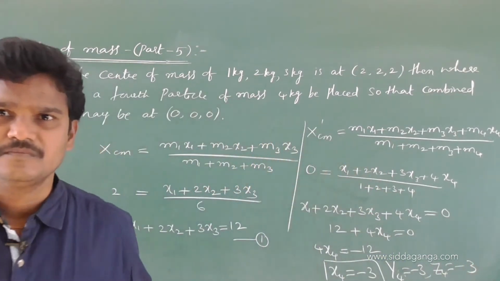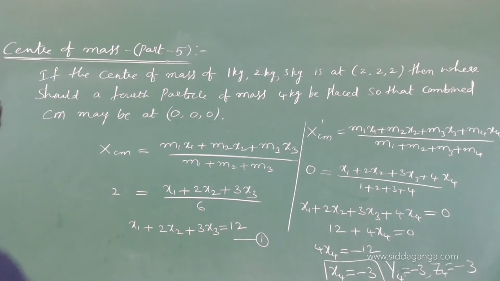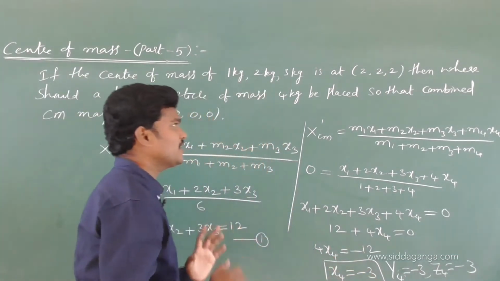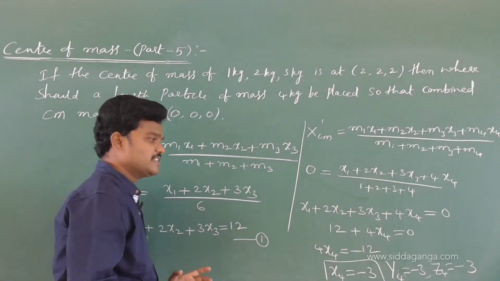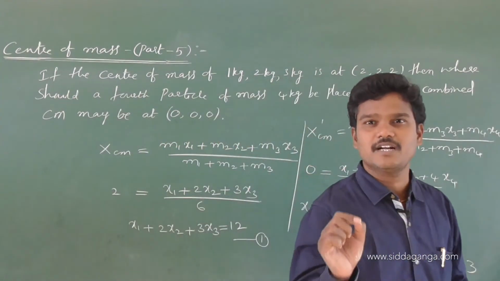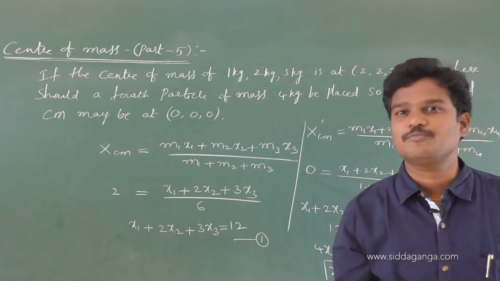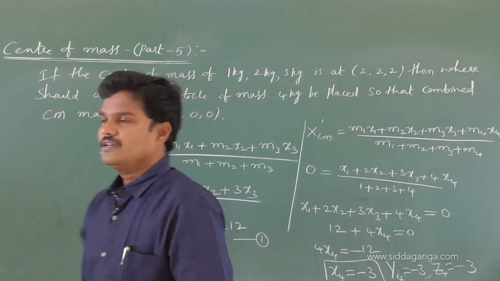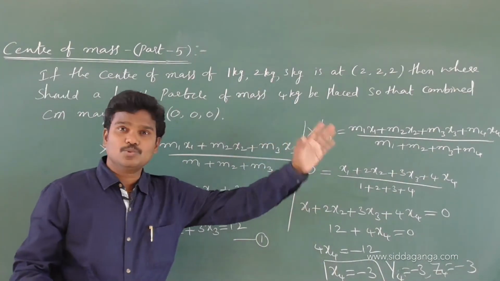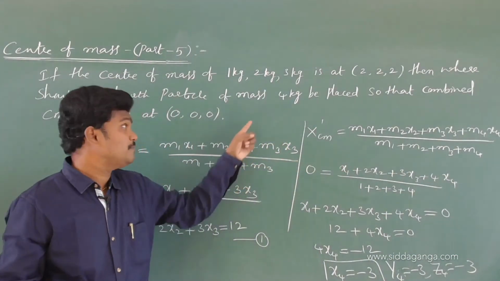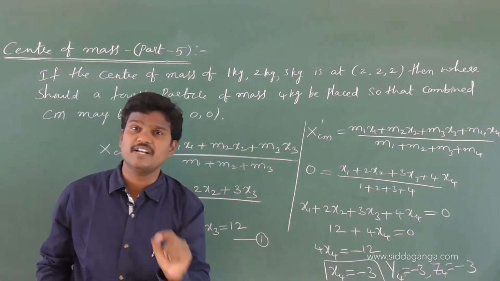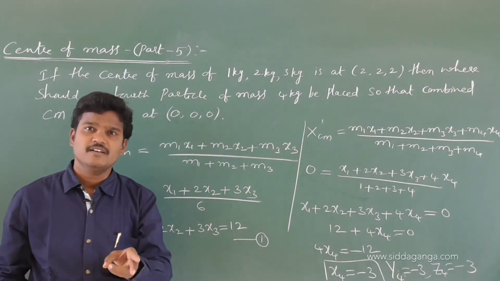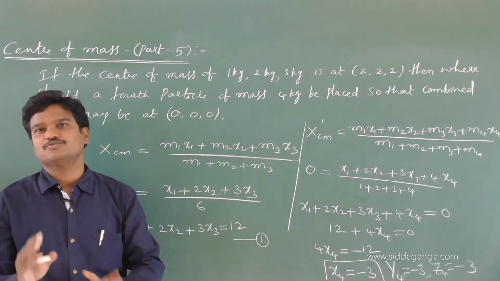Now, the fourth particle we have to place at minus 3, minus 3, minus 3, then the center of mass will be at the origin. Initially the center of mass is given as 2, 2, 2. If the 4 kg is placed at the coordinates minus 3, minus 3, minus 3, then the center of mass will come to the origin.